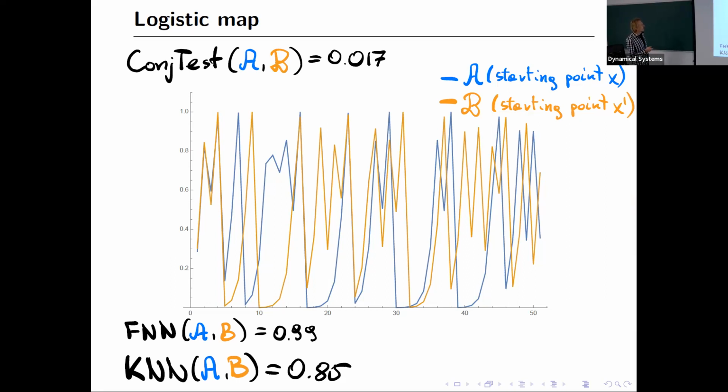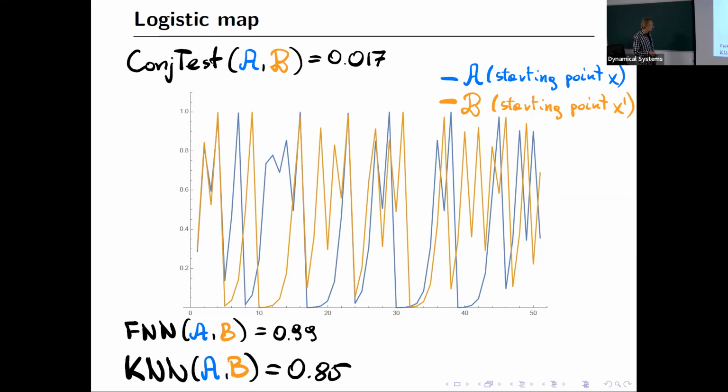This conjugacy test for this example gives us a very small number. It would decrease the longer the time series we get, because it will always be greater than 0 because of those approximations, but we'll get smaller and smaller values.